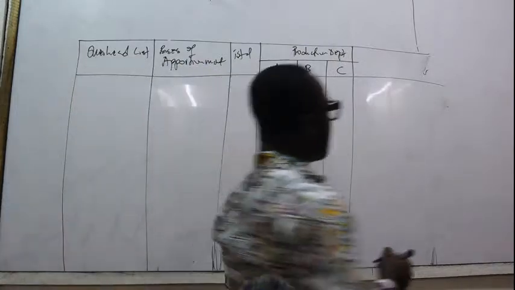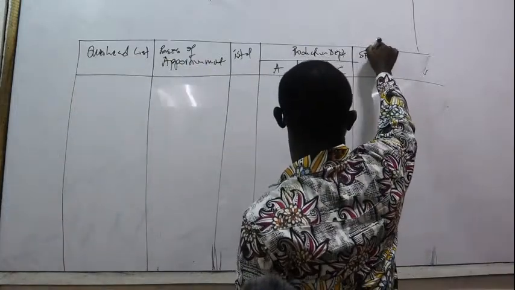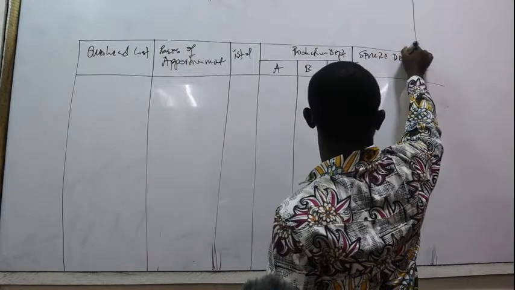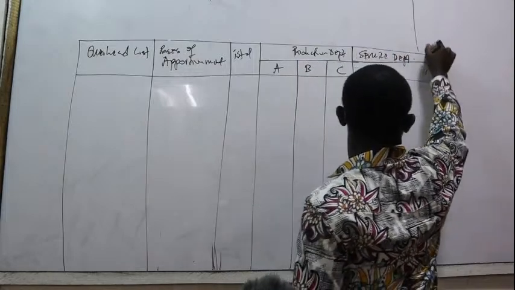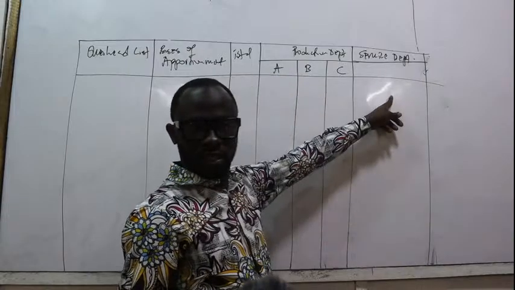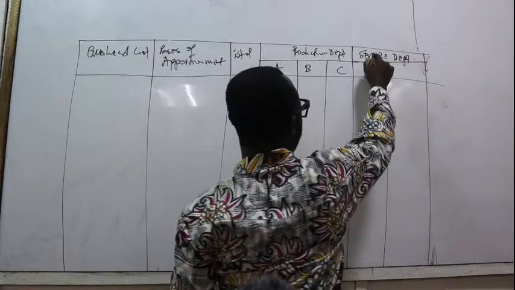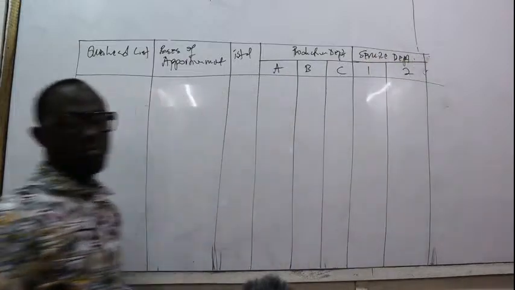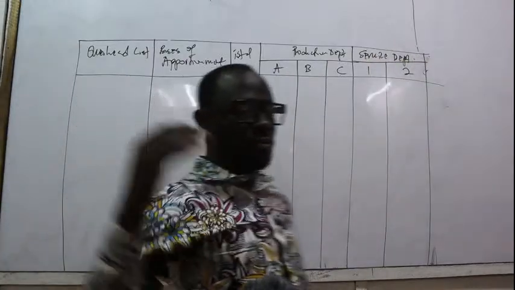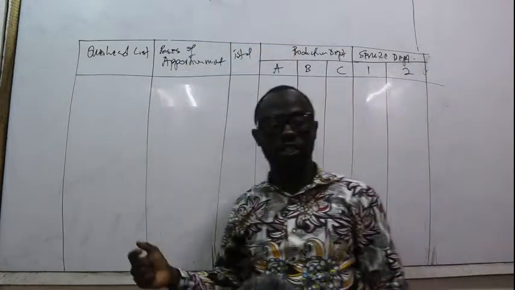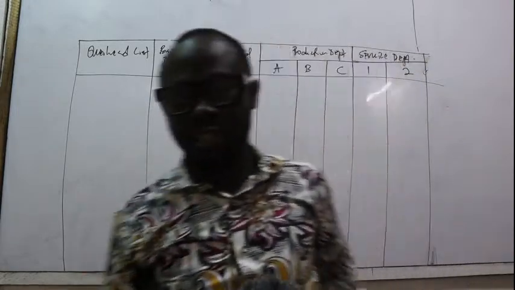A, B, C. And then let's say we have service departments here. So let's say we have 2 service departments. Can we see that? And that is service department 1, service department 2. So this is the pro forma for the preparation of the overhead analysis sheet.